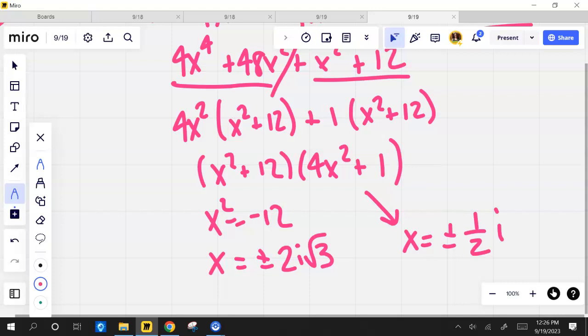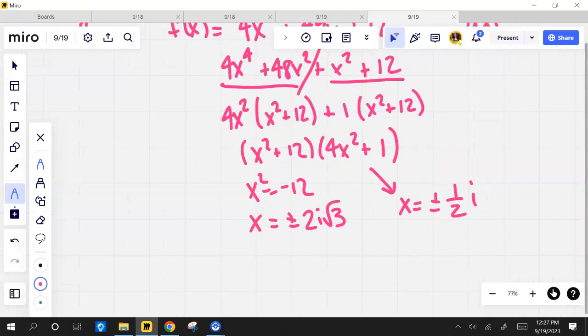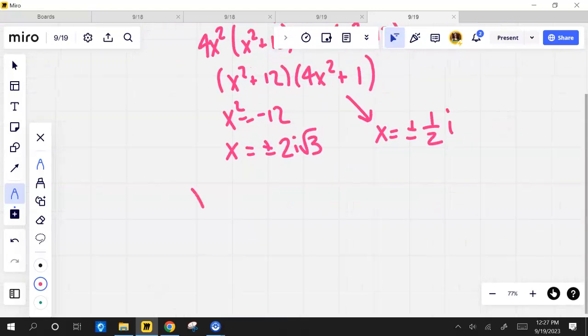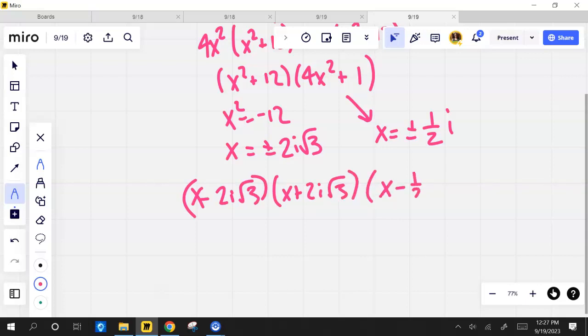What else? Malays, did that answer your question? Yes. And so if you needed this one, you didn't have to do linear factorization on it. It didn't say to. But if you did, you'd have to do x minus 2i root 3, x plus 2i root 3, x minus 1/2 i, x plus 1/2 i.